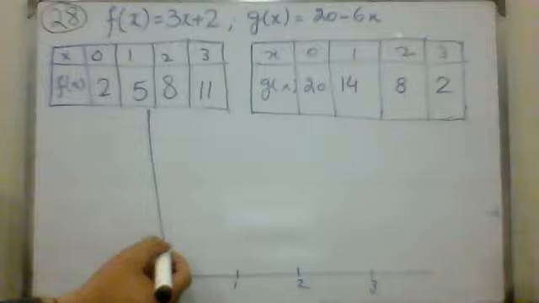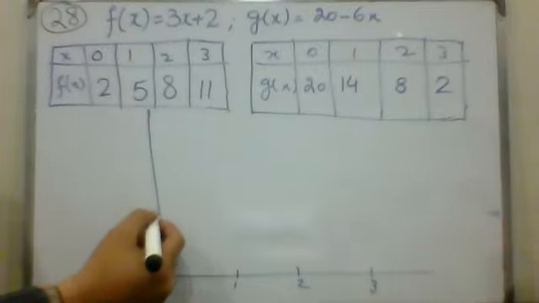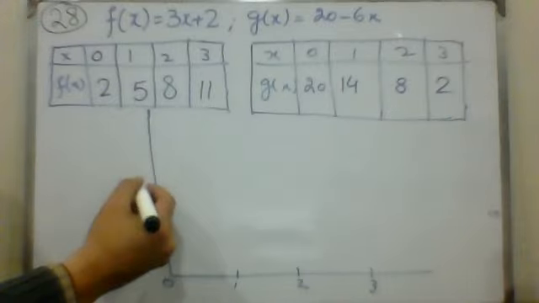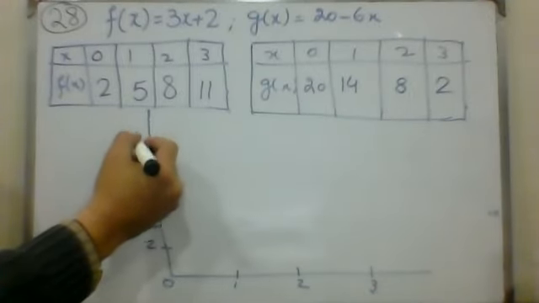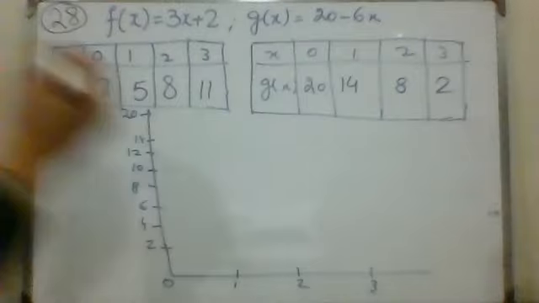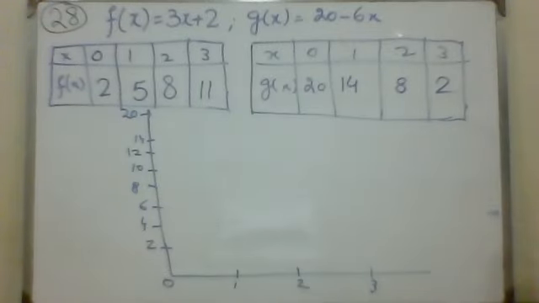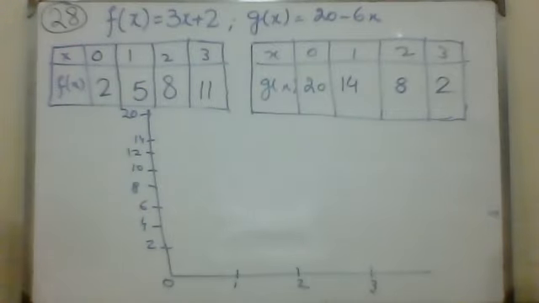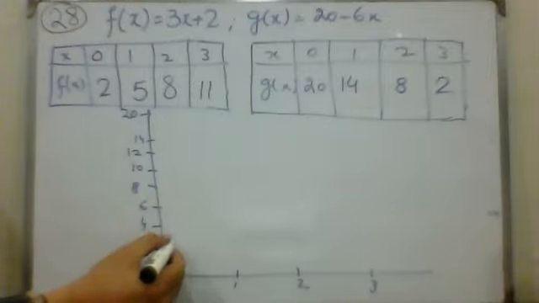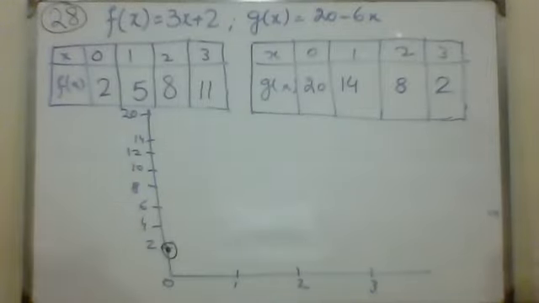Taking the difference between two numbers, 2, 4, 6, 8, 10, and for example here is 12, here 14, and at last here is 20. So first we draw the graph of f of x. f of x says that at 0 it gives answer 2. When x is 0, y is 2. The first point is here.